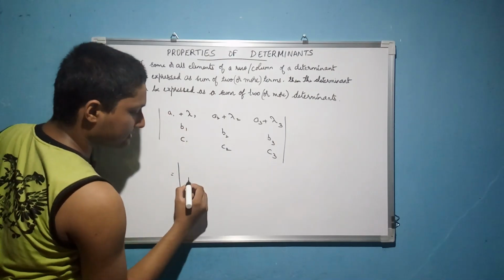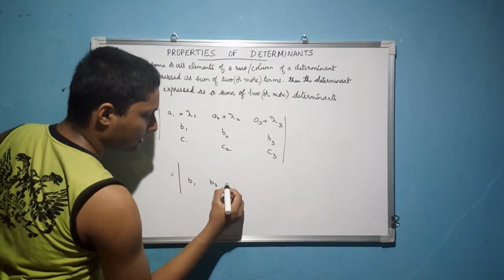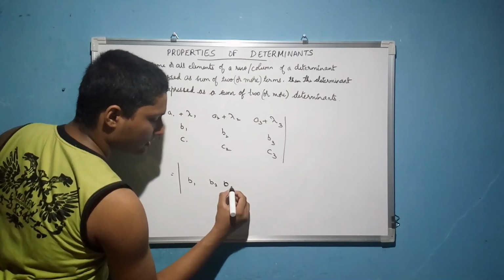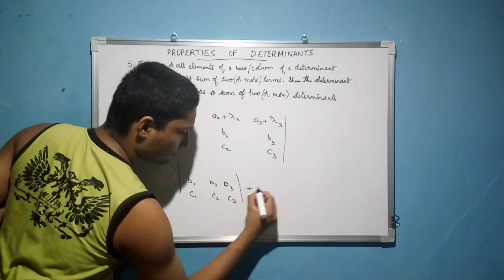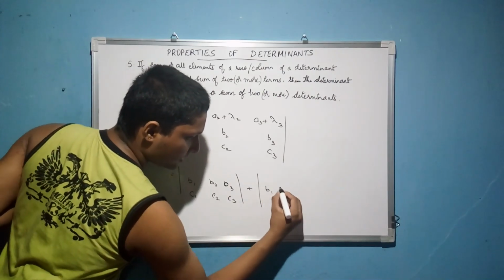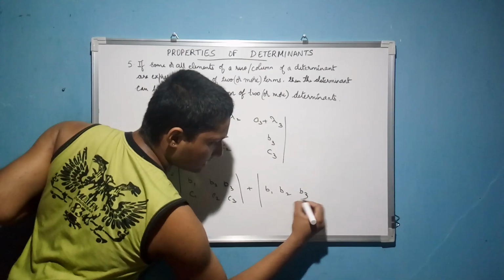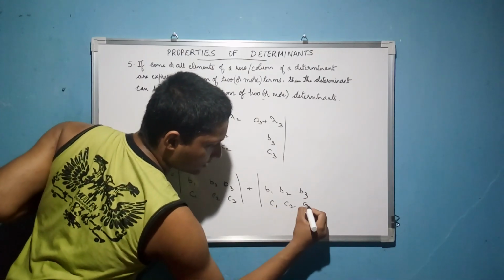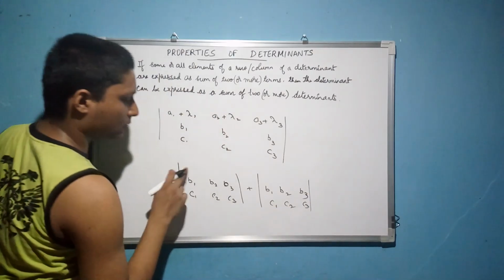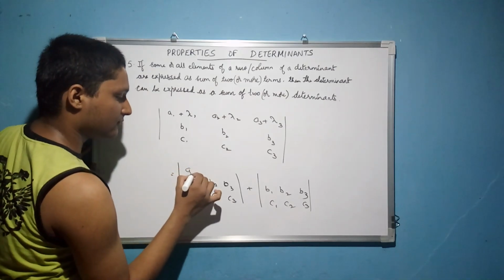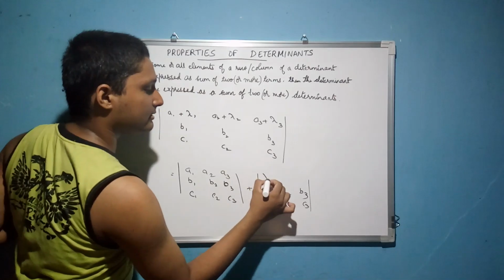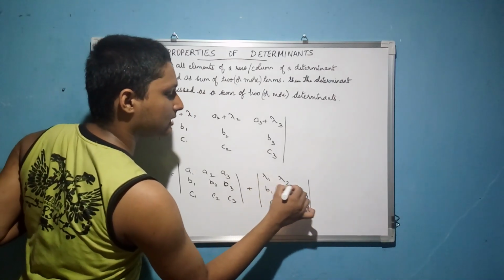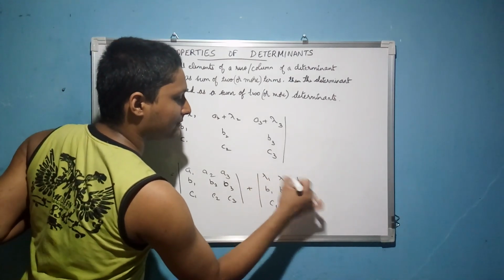So the other two columns are going to be the same: B1, B2, B3, C1, C2, C3, plus B1, B2, B3, C1, C2, C3. The entries here: one of them will be A1, A2, A3 and the other one will be lambda 1, lambda 2 and lambda 3.